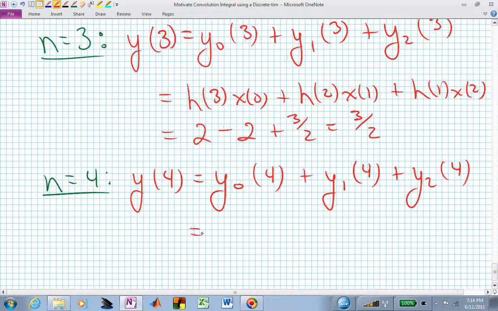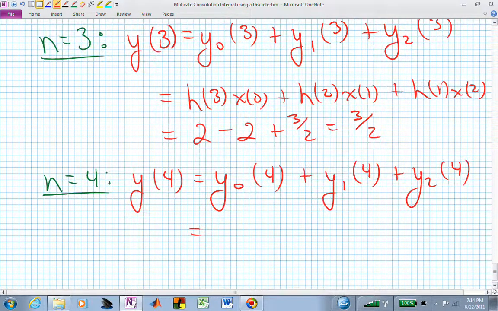Remember, though, this particular system had a pulse response that only continued 3 units of time beyond the application of the input. Meaning, if we apply an input at time 0, it's going to have decayed down to 0 after 3 time units beyond that application of the input.